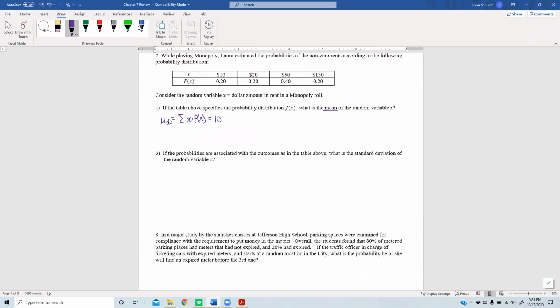So 10 times 0.2 plus 20 times 0.2 plus 50 times 0.4 plus 130 times 0.2. If we add all of those together, we'll find that our mean is equal to $52.